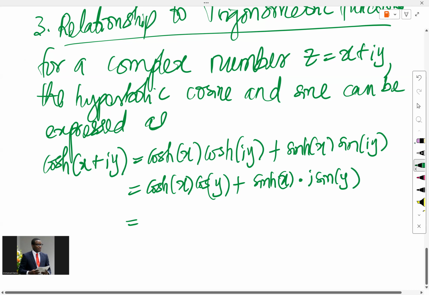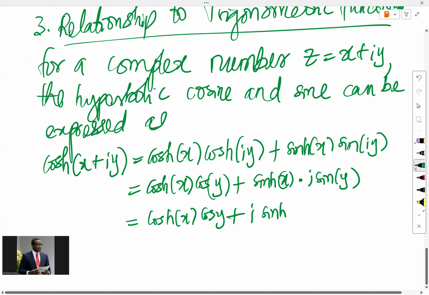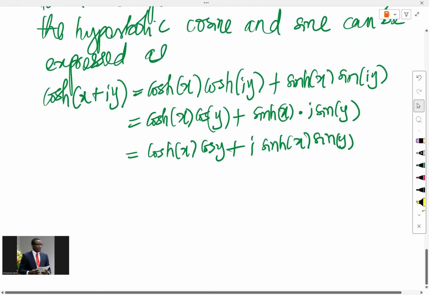So we can tidy this up to have cos x cos y plus the i comes in front now, and that is sin x sin y. Okay, so that goes.